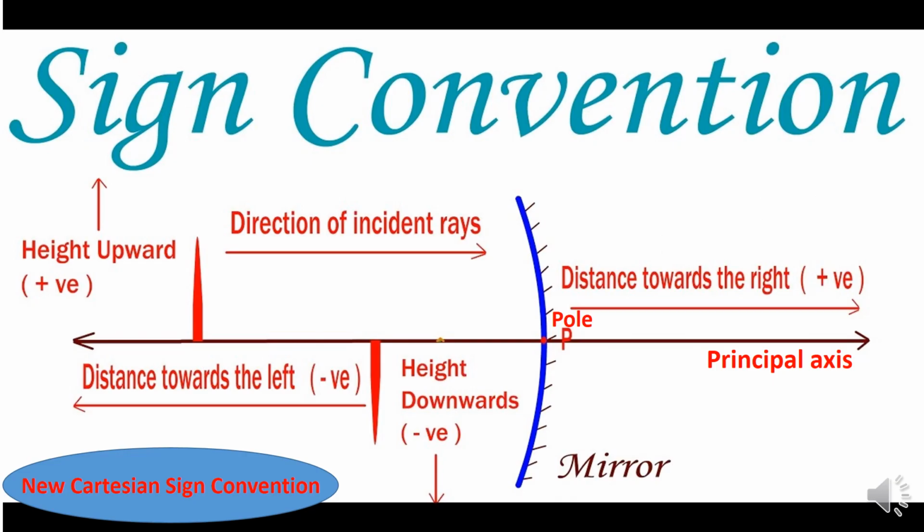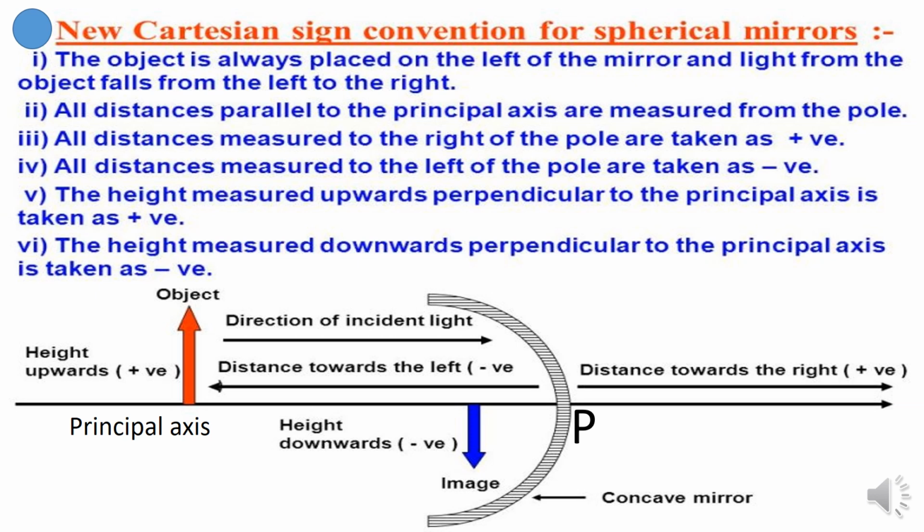Now we are going to discuss a set of sign conventions called the new Cartesian sign conventions while dealing with the reflection of light by spherical mirrors. As per new Cartesian sign convention for spherical mirrors, the object is always placed on the left of the mirror and the light from the object falls from the left to the right. All distances parallel to the principal axis are measured from the pole of the mirror.